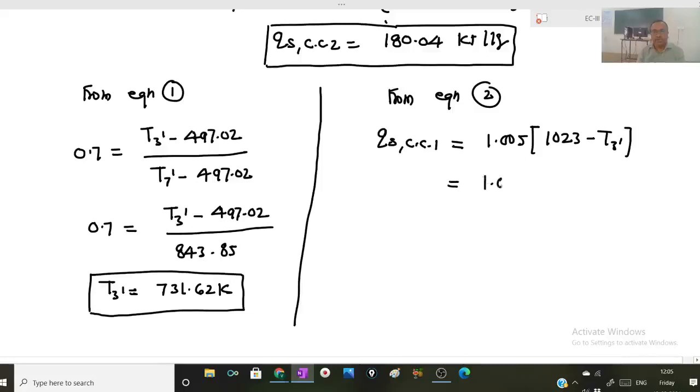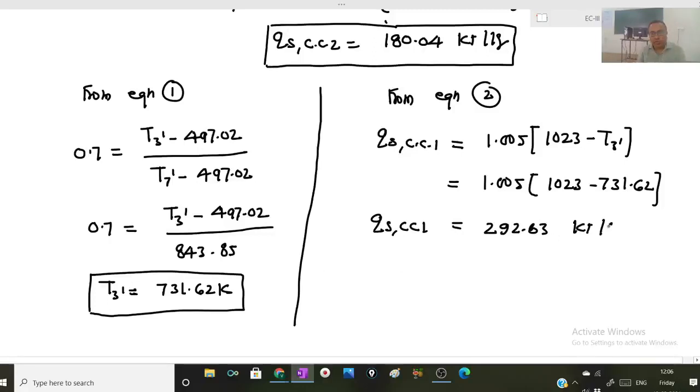So if you put this value, 1.005 times (1023 minus 731.62), please tell me the value of this quantity QSCC1. It comes to 292.83 kilojoule per kg.